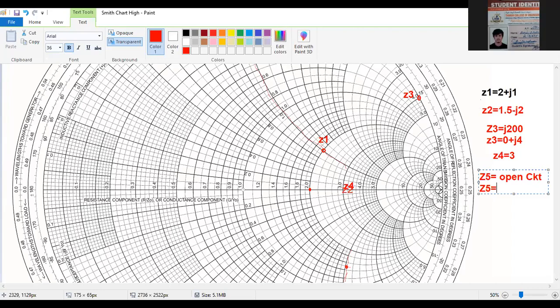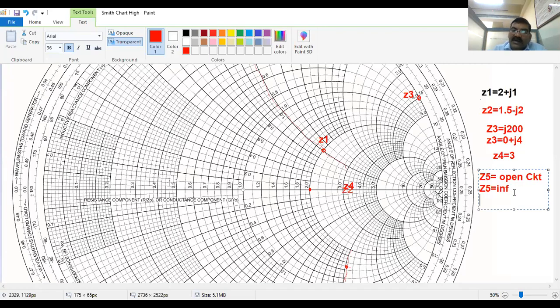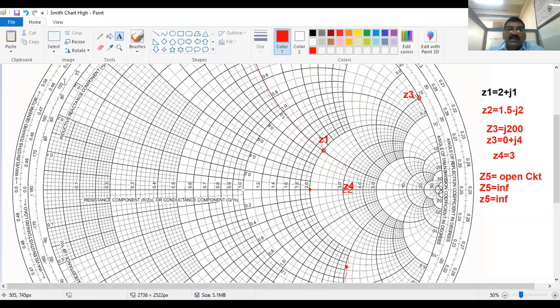So infinite. Infinite, correct? So if Z5 is infinite, the small Z5 will be how much? For the open circuit, the small Z5 will also be infinity, divided by 50.